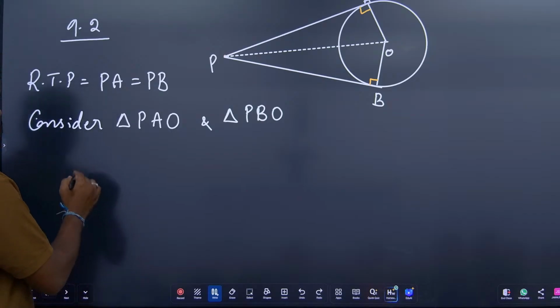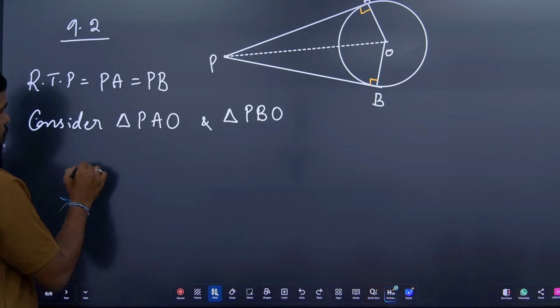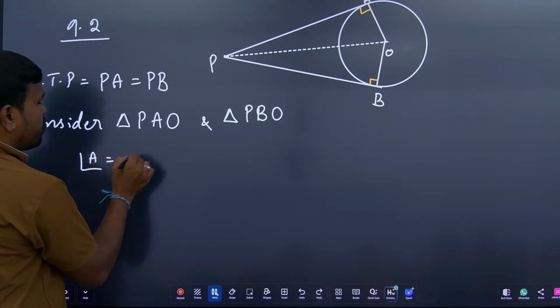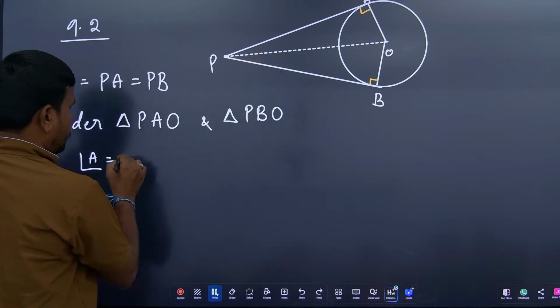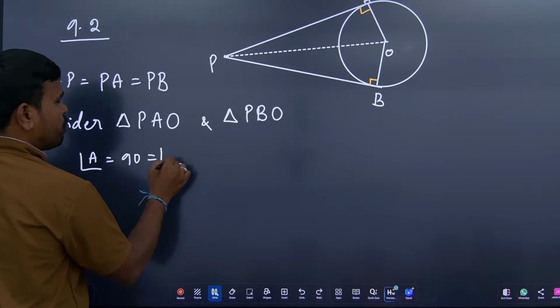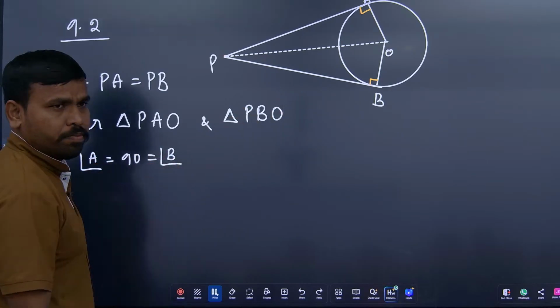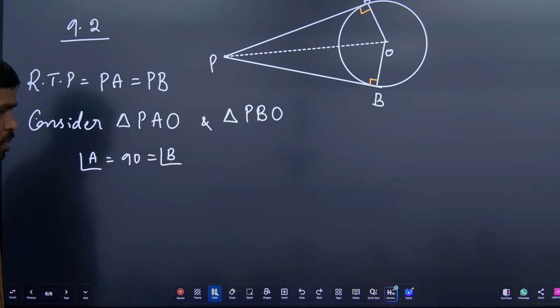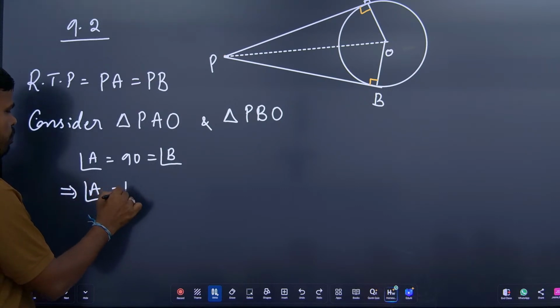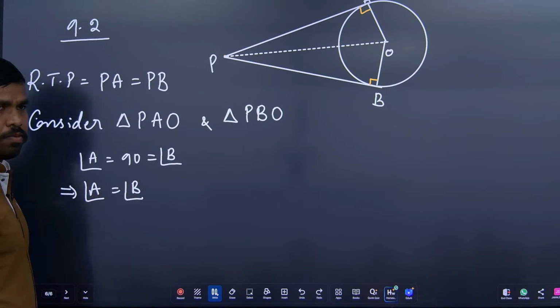Okay. Angle A is equal to what? 90 degrees. And angle B is equal to 90 degrees, both are the same. So angle A is equal to angle B, since they are 90 degrees.